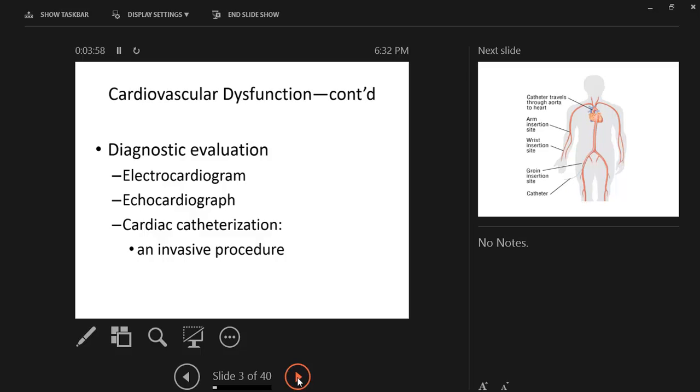We might do an echocardiogram, and an echocardiogram actually is a standard as far as non-invasive. It is the study of choice to diagnose cardiac dysfunction, because it can be performed at the bedside with 95% accuracy, and it is a Doppler type of examination with high resolution.